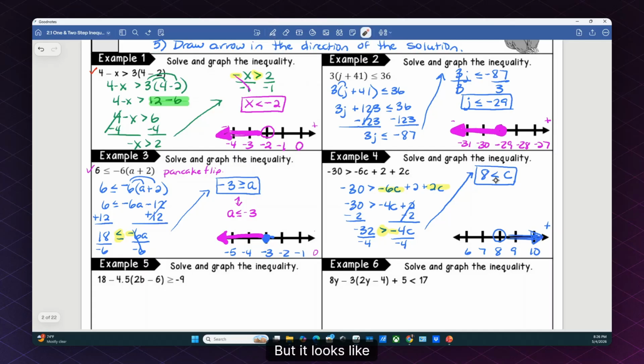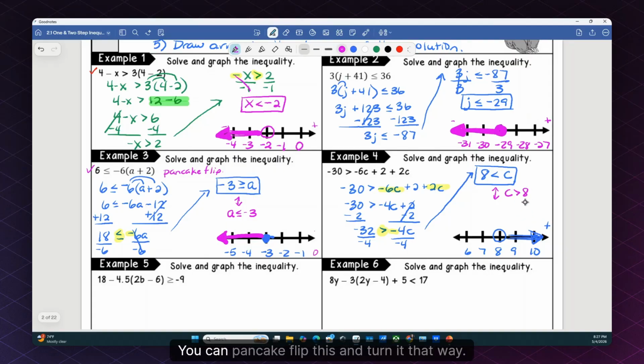But it looks like it should be pointing this way. Okay, so if it makes you happy, you can pancake flip this and turn it that way. And then it looks like it's pointing the way that you wanted it to go.